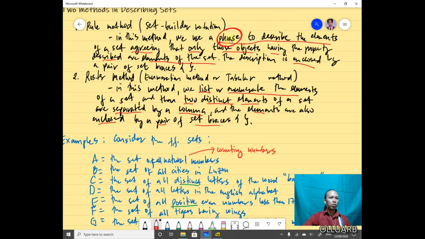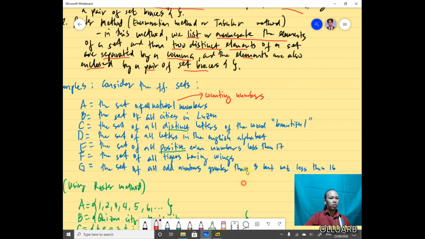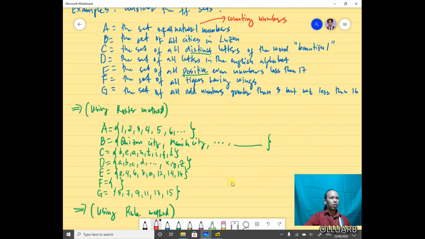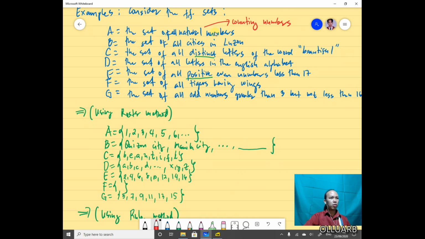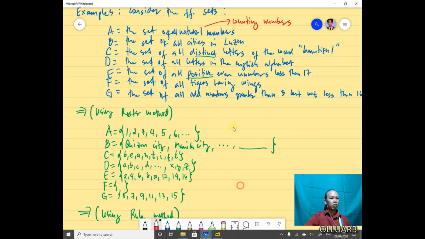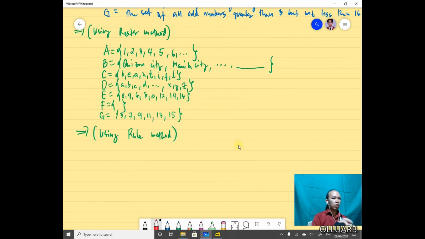So we will create a phrase to describe the elements of the set, and we must be careful in describing. Let's start with letter A, the set of all natural numbers.